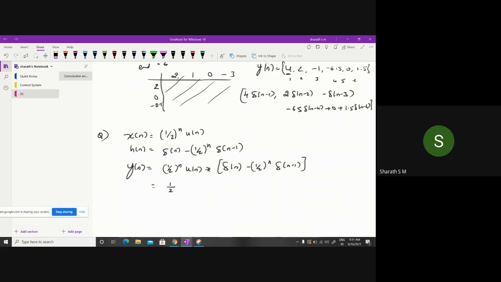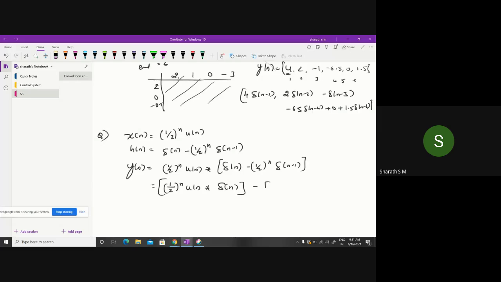So that is (1/2)^n u of n convolve with delta of n, minus (1/2)^n u of n convolve with delta of n minus 1. So I'm just going to use the distributive property.